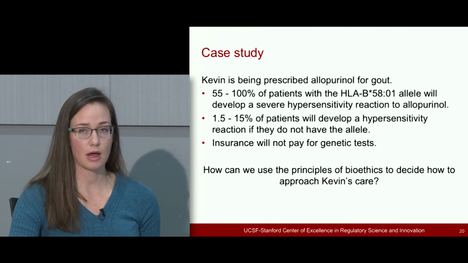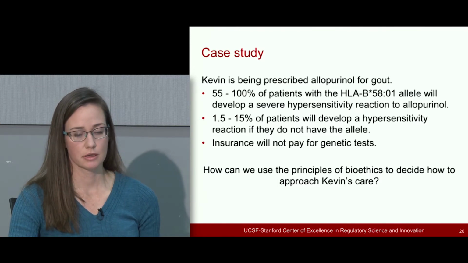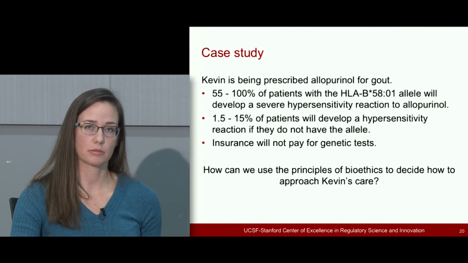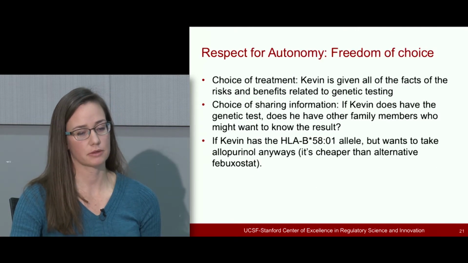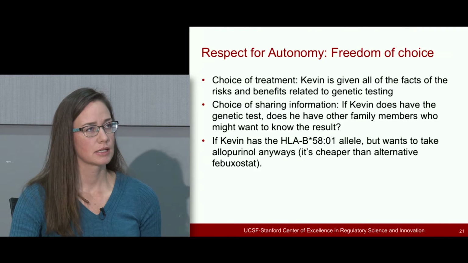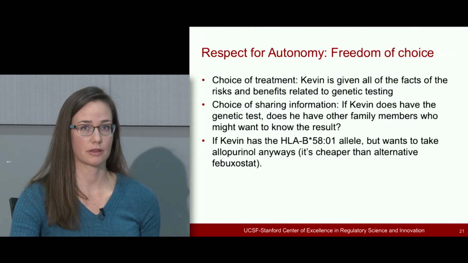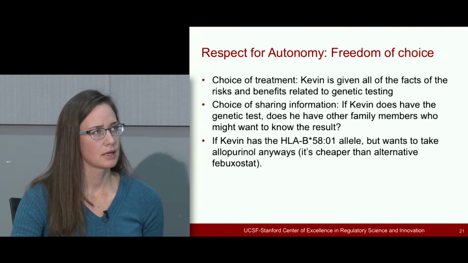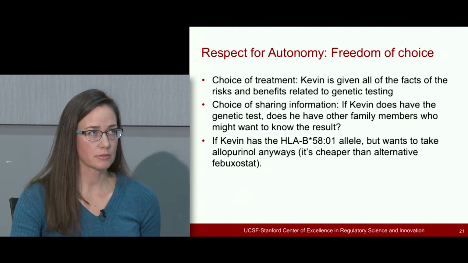So how can we apply this framework of the 4 principles of Beauchamp and Childress to decide how to approach Kevin's care? Let's start with our first principle, respect for autonomy. A few things we might want to consider, again, this is not everything we could think of in this situation, is making sure Kevin is given the choice of whether to receive treatment or not.